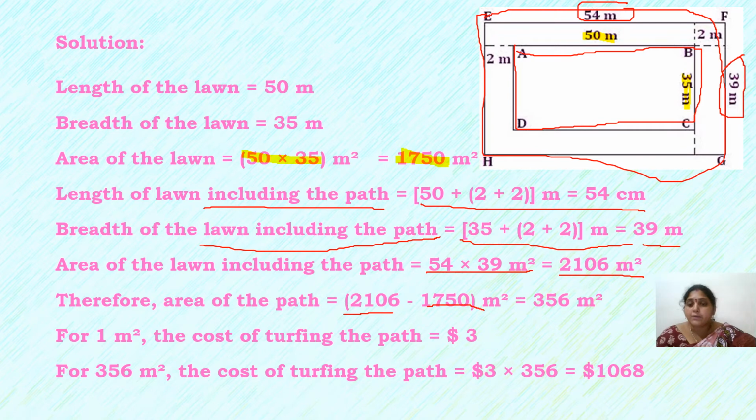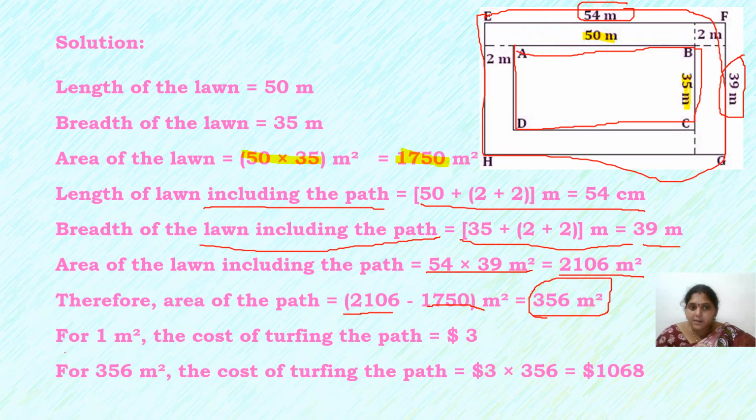Only this we have to find. That means you have to subtract the area of the lawn from the total area including the path. So what is the area of the path? It is only 356 meters square.